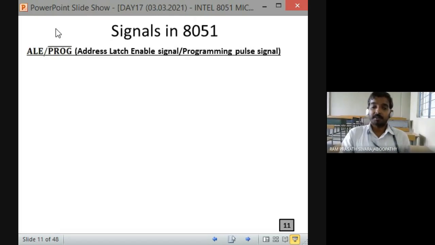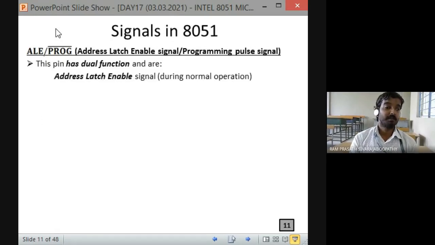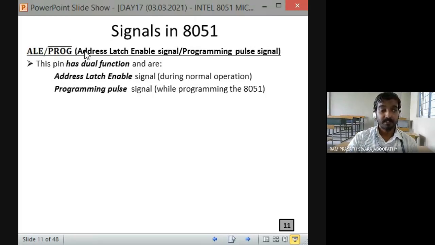To demultiplex the lower order address bus and data bus, we need this signal. Fine. When you are going for external memory access, this pin functions as ALE. Correct? That means in normal operating mode it functions as the ALE pin. Okay. When you are programming your 8051 microcontroller, at that time this pin is used for giving the programming pulse. Fine. Is it clear?